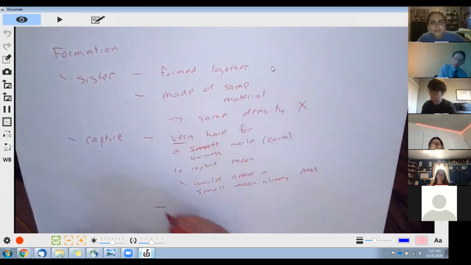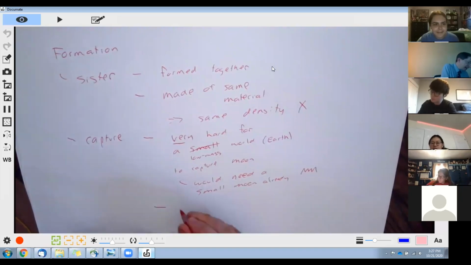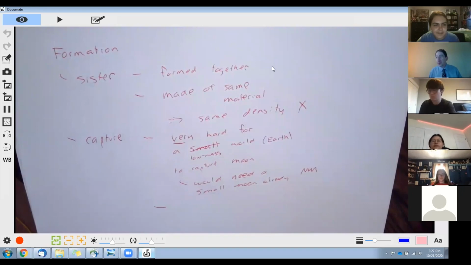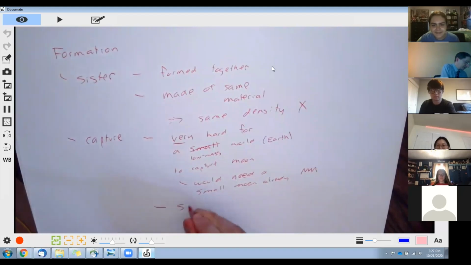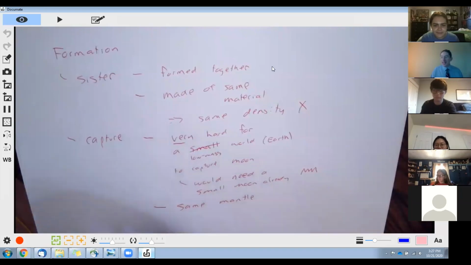But there's a second problem. And that second problem is we've been to the moon. We've picked up a lot of rocks, brought them back for analysis, and they're the same as the rocks here on Earth. We have the same mantle. Not just the same density, but geologically, it's gone through some kind of common process.